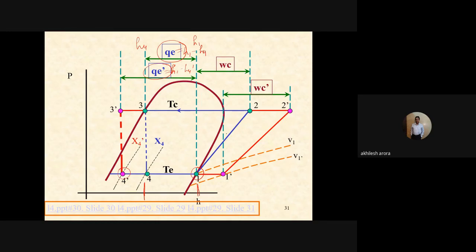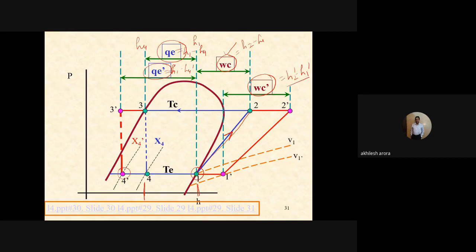Simultaneously, if you will see, this is the specific compressor work along this line. Initially this is the value of the specific compressor work, and this value is equal to H2 minus H1. Whereas in the second case, the specific compressor work changes to H2 dash minus H1 dash.